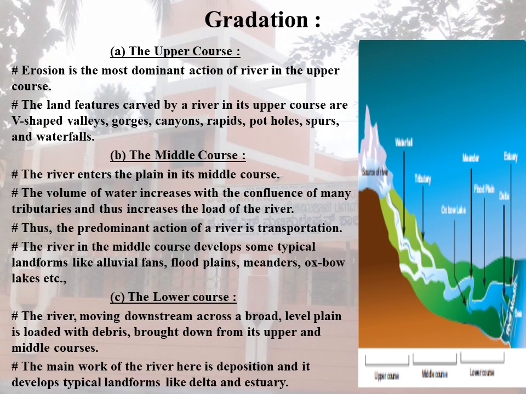Distributaries are the river channels that get separated from the main river. Example, river Kollidam. So the main river distributes into many other small rivers. Those are called distributaries. The land in the middle is called a delta.